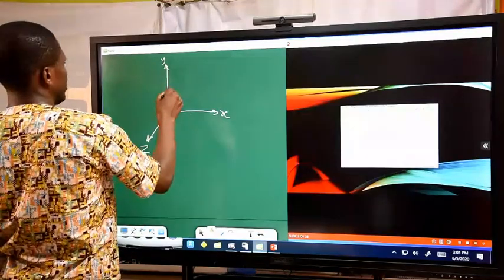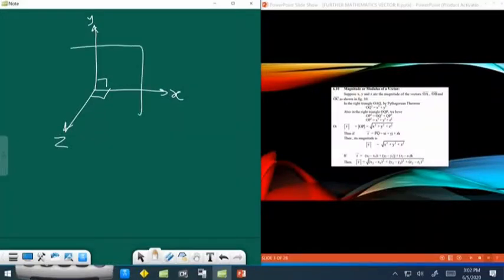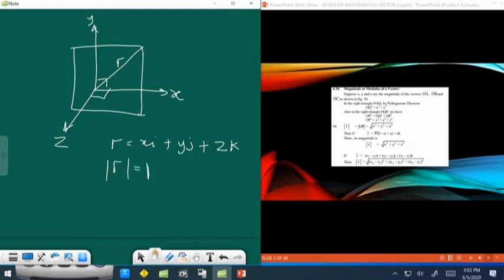So we have this as XYZ. So we can get the vector of this position, and maybe this is the R. So your R vector is given as xi plus yj plus zk, and this is the representation of the vector R. So the modulus of vector R is the square root of x squared plus y squared plus z squared.